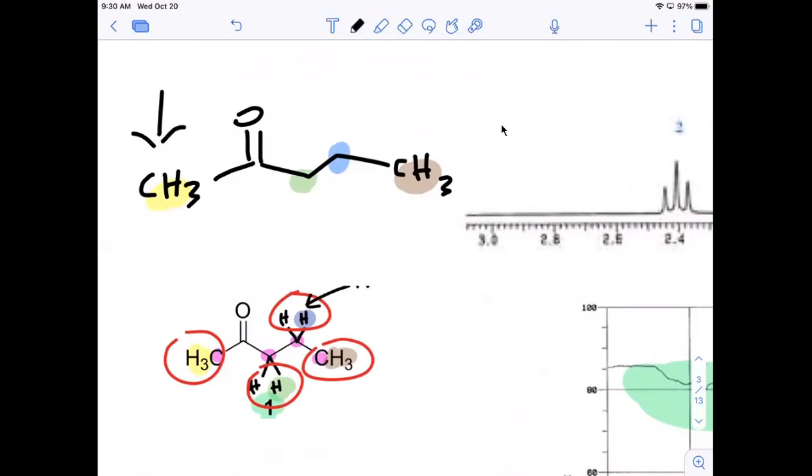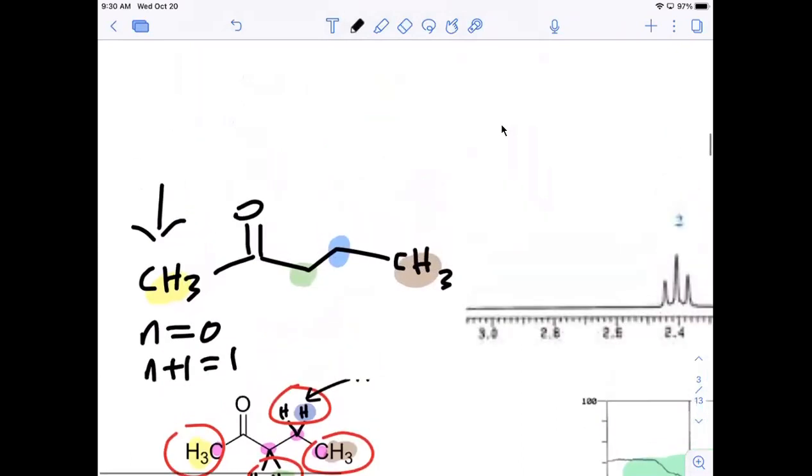Oh, n plus 1. I'm sorry. Yeah, so n plus 1. N for this set of protons will be what? Where n is the number of neighboring protons. Anything next door to it, to the left or to the right? 0. 0, right? And so n plus 1 will be 1. So this should be a singlet.